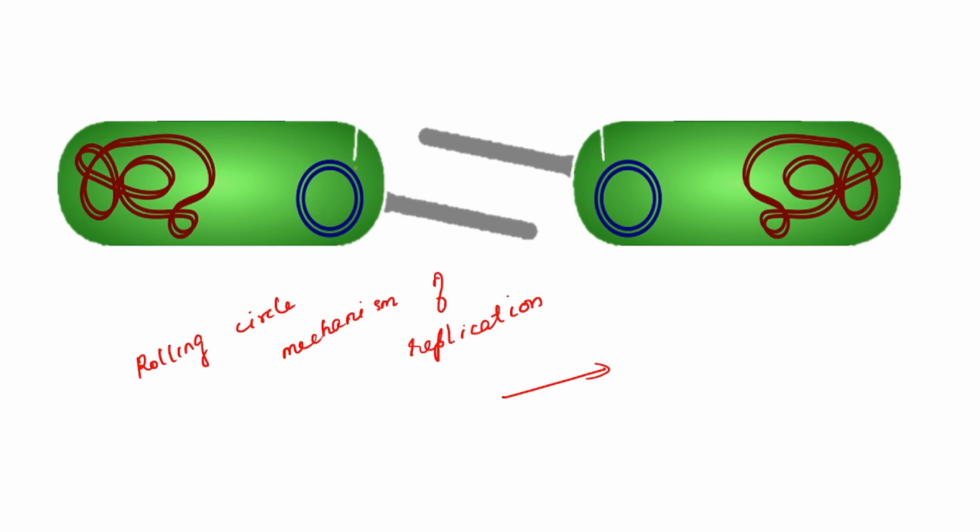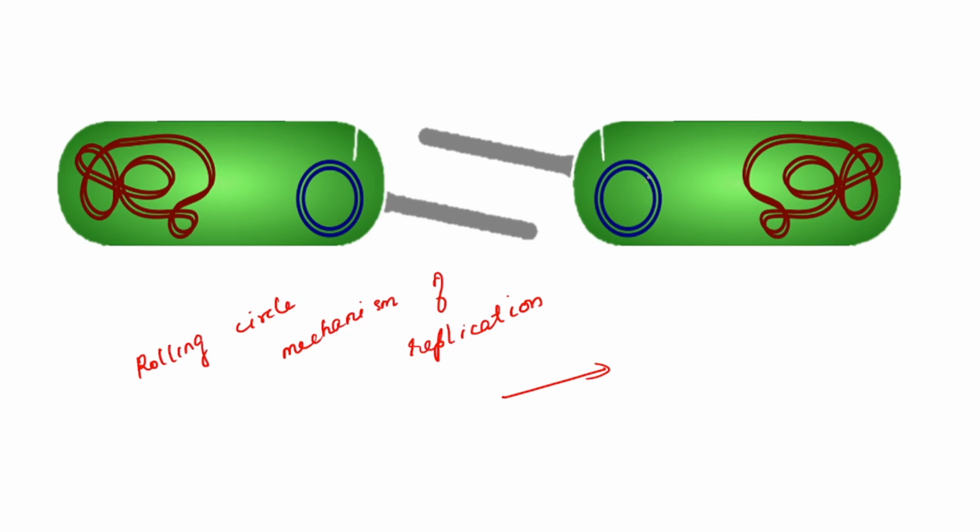Here we have seen that a cut or incision happens in one of the strands, and that single strand is moving to the other bacterial cell, and that acts as a template for the generation of the other strand, and that other strand is replicated by way of this rolling circle mechanism.